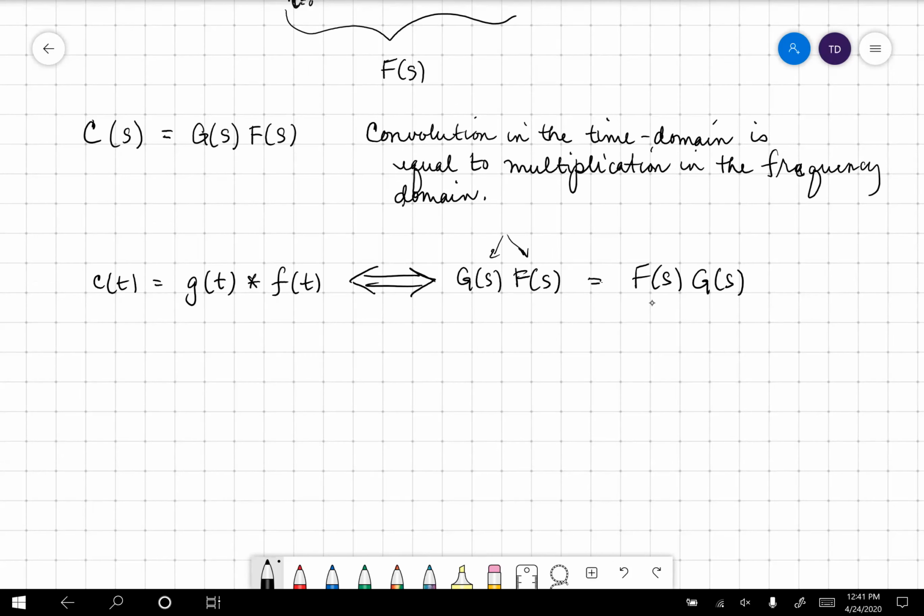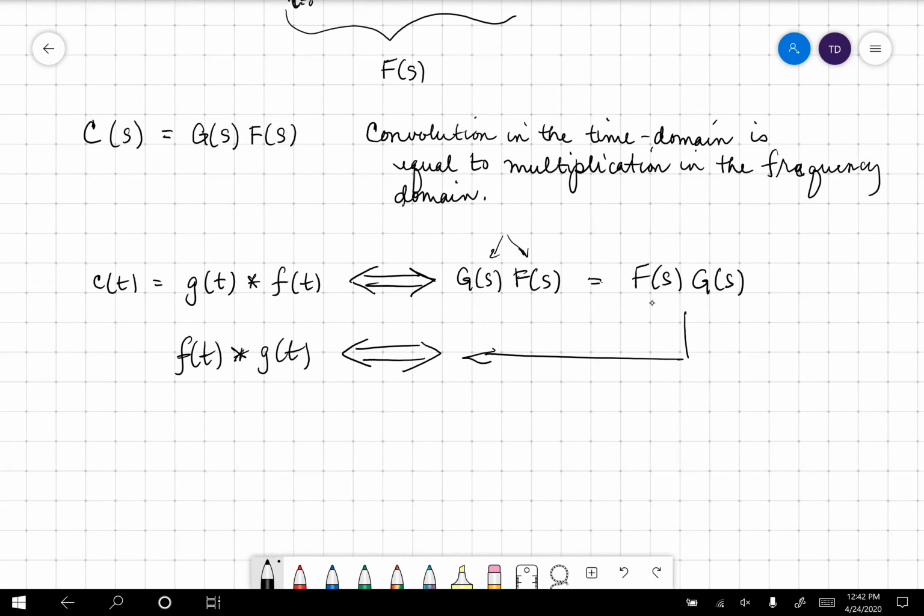I think everybody sees that. So clearly that is, in this case, f of t convolved with g of t. So g of t convolved with f of t is equal to f of t convolved with g of t. That's what that says.